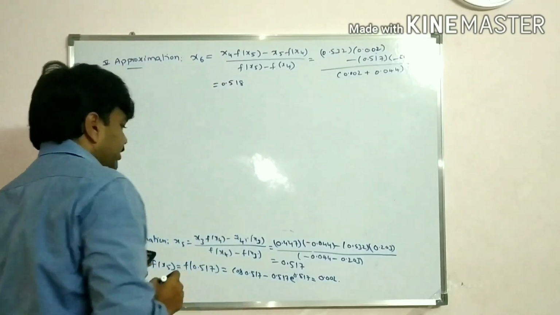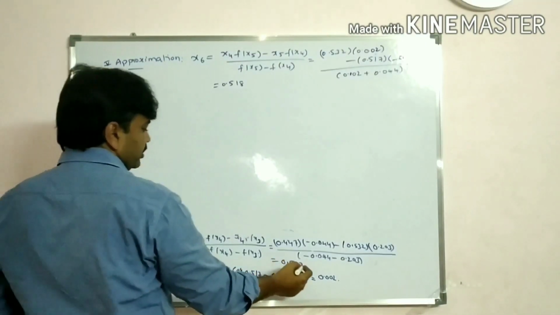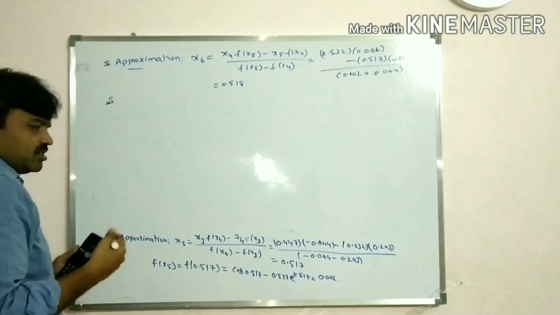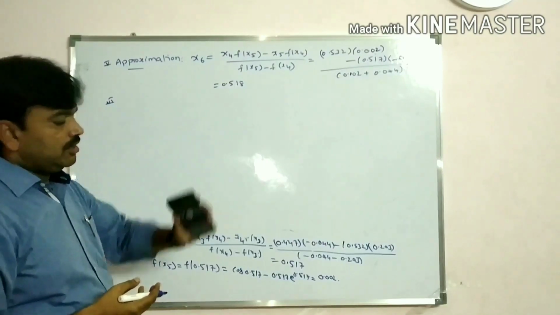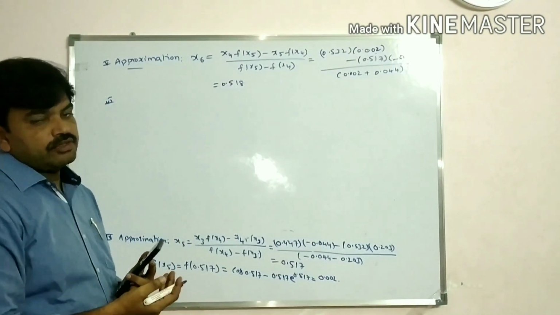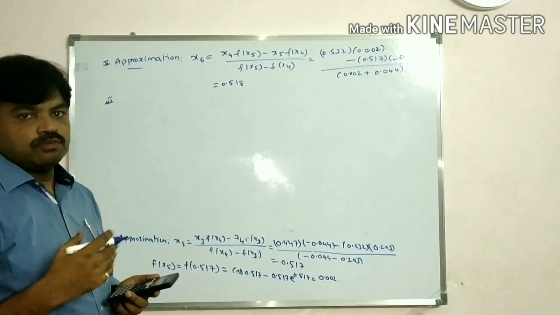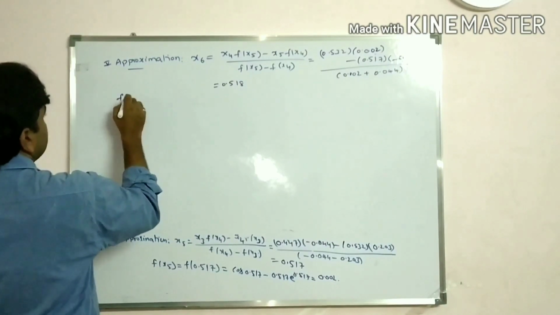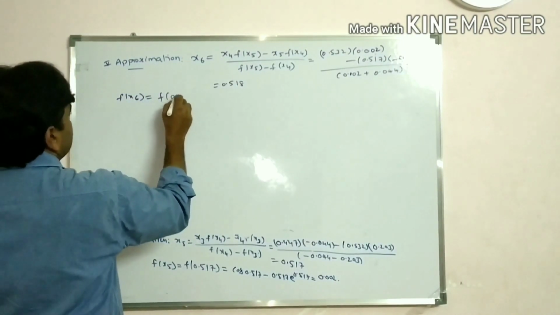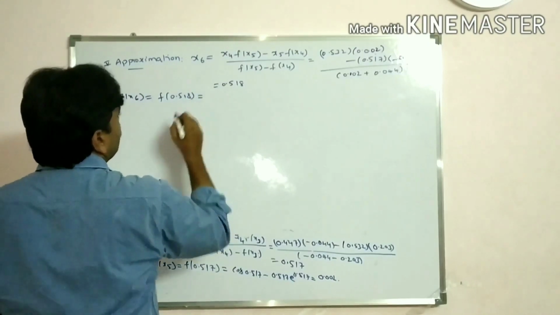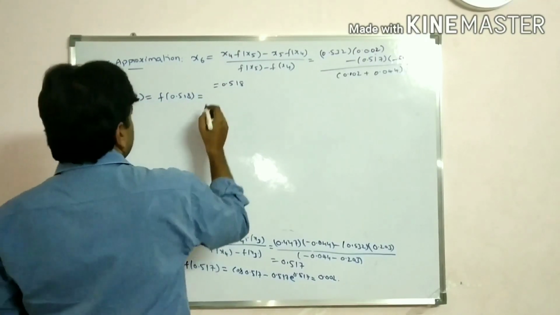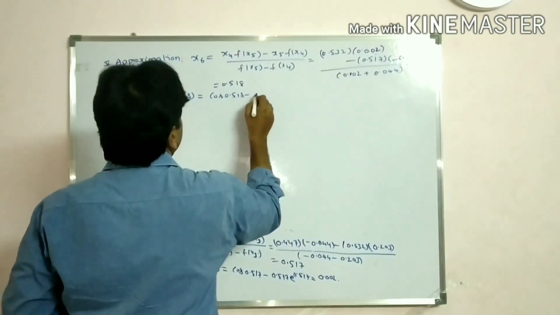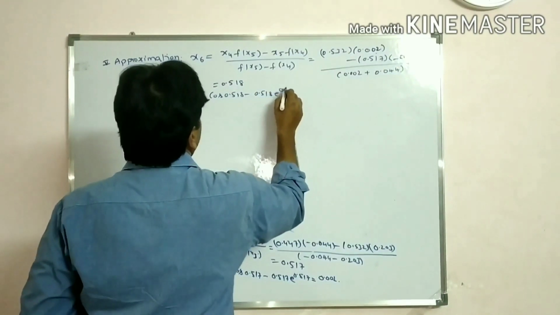We get 0.518, students, 0.518. Previously we have 0.517. So you go to another approximation, students. Actually you can write here the root is 0.518 because it is very near. But I want to do one more approximation. So f of x6 is equal to f of 0.518, that is cos 0.518 minus 0.518 e power 0.518.